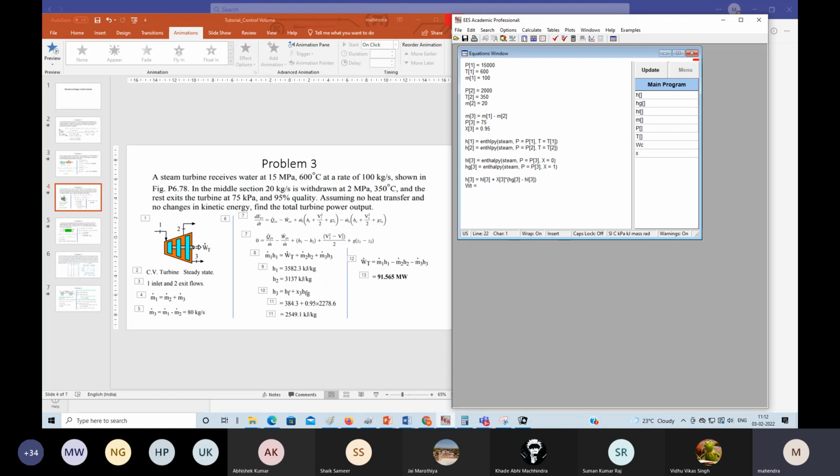The turbine work equal to M1 multiplied by H1, minus M2 H2, minus M3 H3.